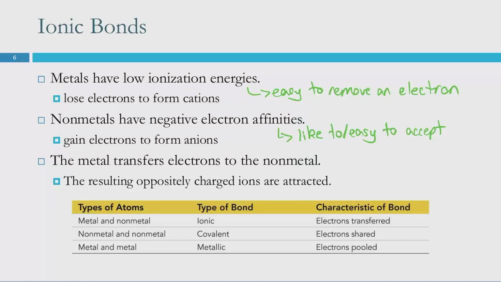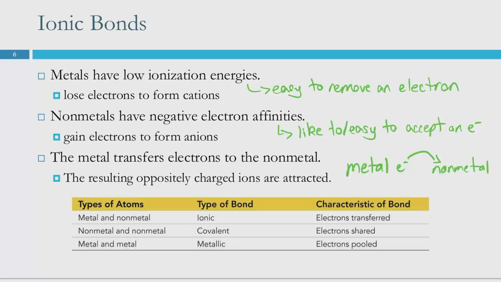These are some of the trends that we talked about last class. So metals like to give up electrons, or it's relatively easy to remove electrons. For nonmetals, it's relatively easy to accept an electron. So metals can give electrons to nonmetals. We get a transfer of an electron from a metal to a nonmetal, and that forms an ionic bond.